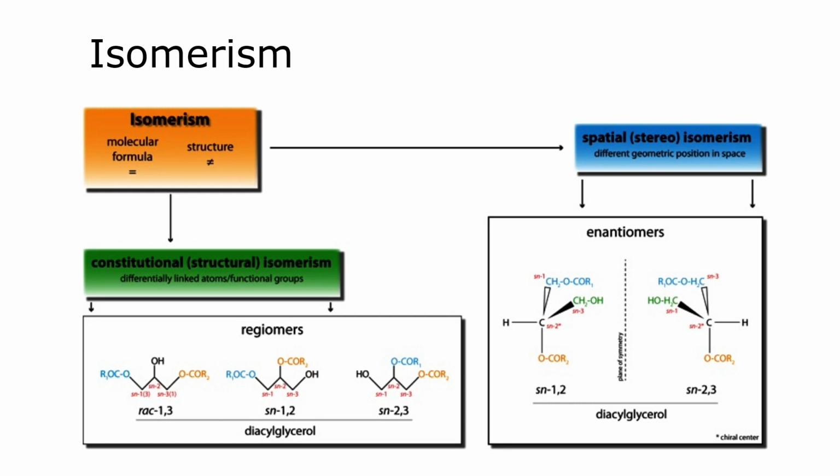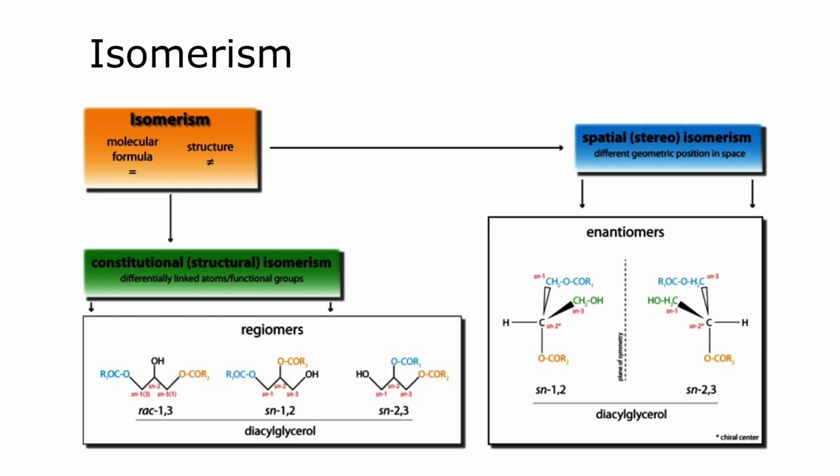The first one is constitutional, often called structural isomerism, which means that there are differently linked atoms or functional groups in different isomers of diacylglycerol, but in this case they are called regioisomers. There are three types of them: SN13, SN12, and SN23.